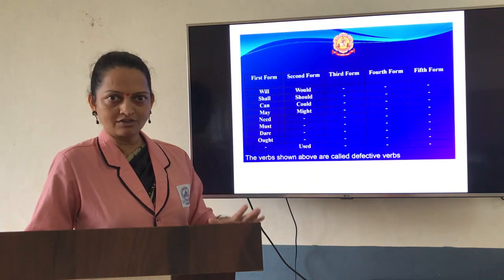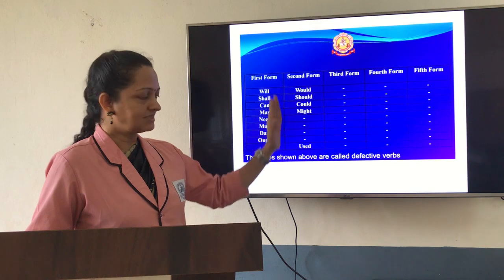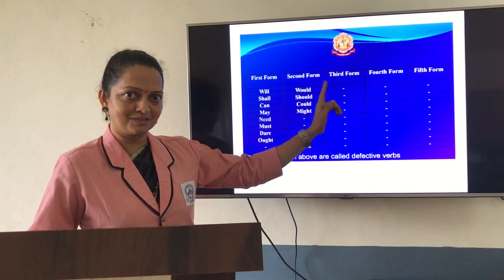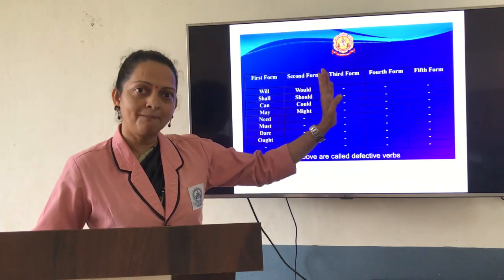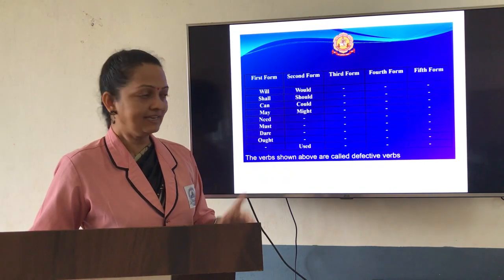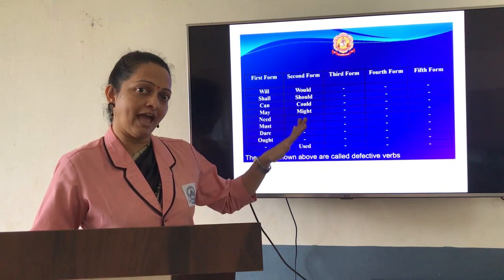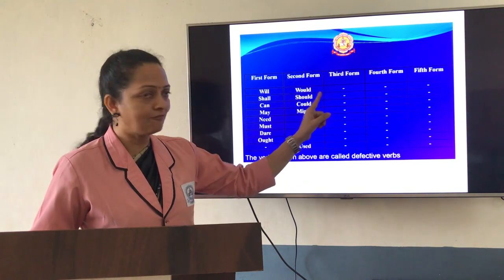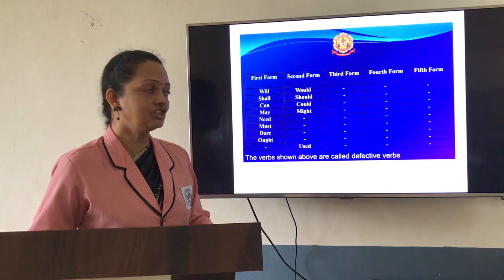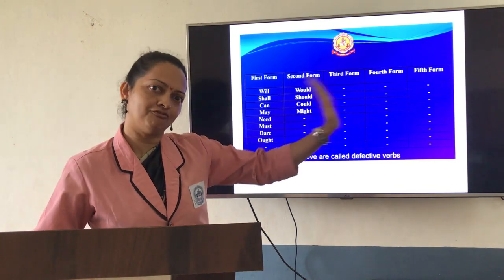Let's see the modal auxiliaries here. The forms we have are present tense, past tense, third form the past participle, fourth form the present participle, and last the to-infinitive. And if you see, the third, fourth and fifth are blank. I have not kept them blank for you to solve, but I have put a dash there because we cannot change these forms into third, fourth and fifth.